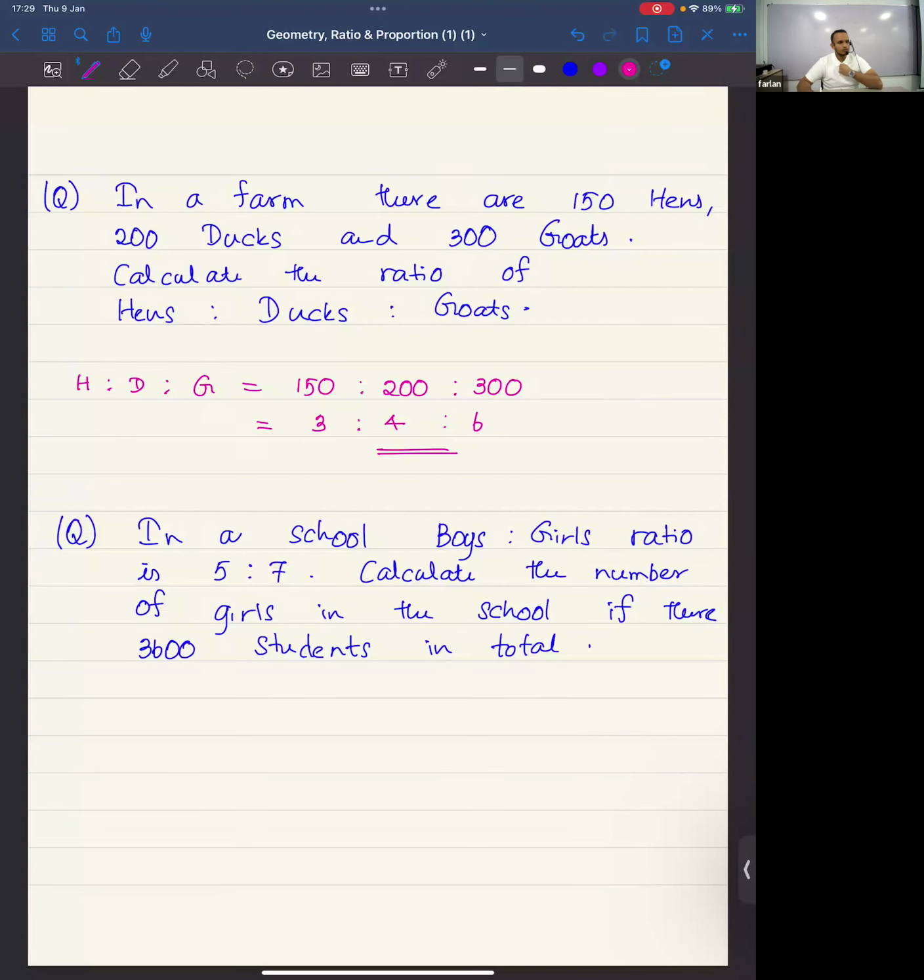In a school, boys to girls ratio is 5 is to 7.